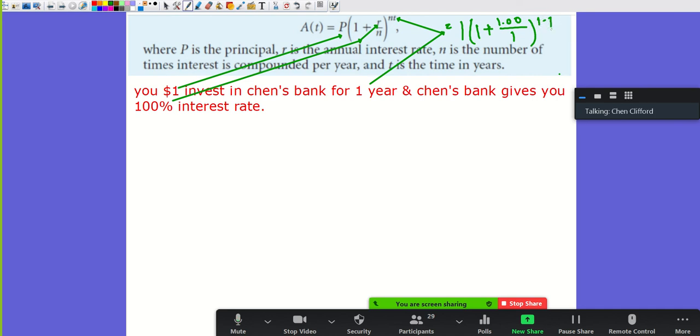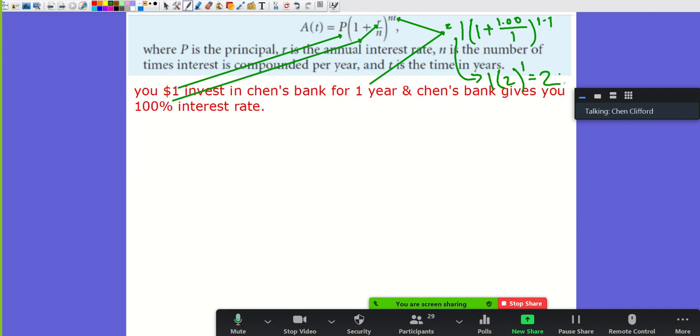So 1 times, let me simplify this over here, I'll put it down here as a simplified version: 1 times 2, the whole parentheses becomes a 2, the exponent becomes 1. 2 to the power 1 is 2, 1 times 2 is 2. So at the end of the year, you get $2. Using this formula, you get $2.